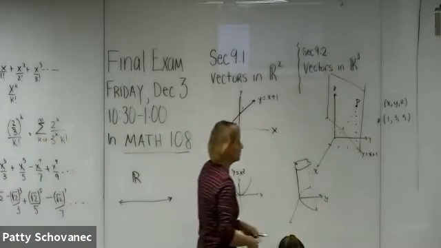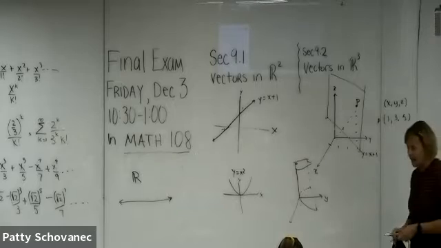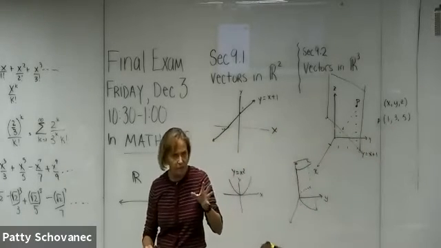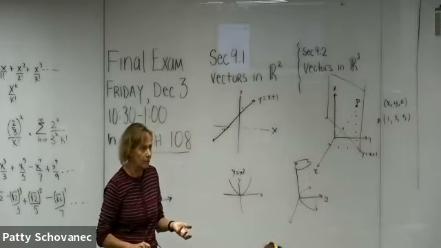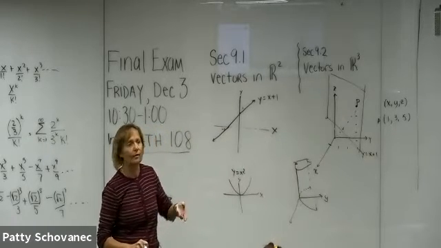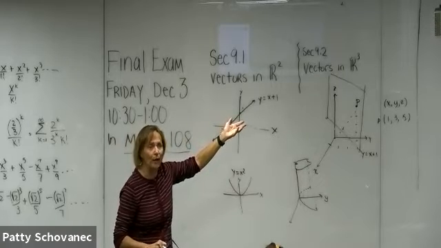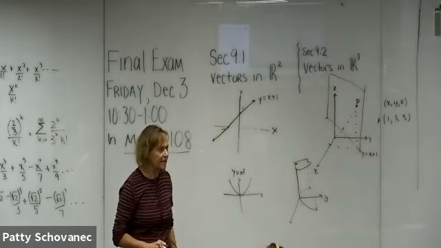So let's talk about a vector in 2 dimensions. A vector is an object that has a direction, tells you which way it's going, and a magnitude. If you watch the weather forecast, and when the forecast calls for wind, they draw a bunch of arrows on the state of Texas map.